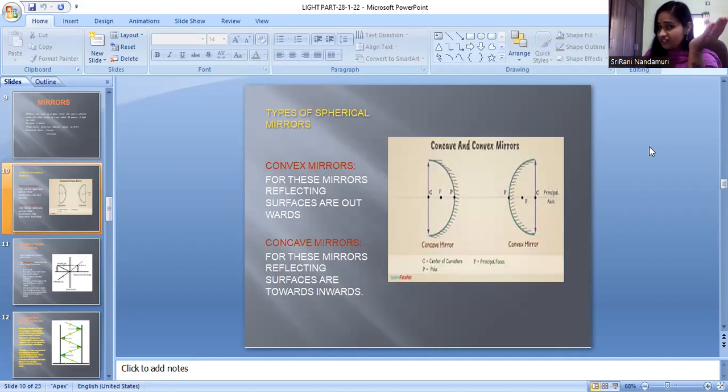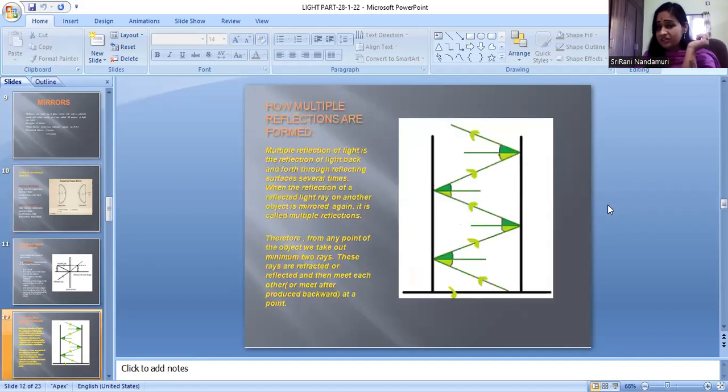Just refer to that. Concave, like a cave, means the reflecting surface is always towards inwards. Convex mirrors are the mirrors where the reflecting surface is always outwards.